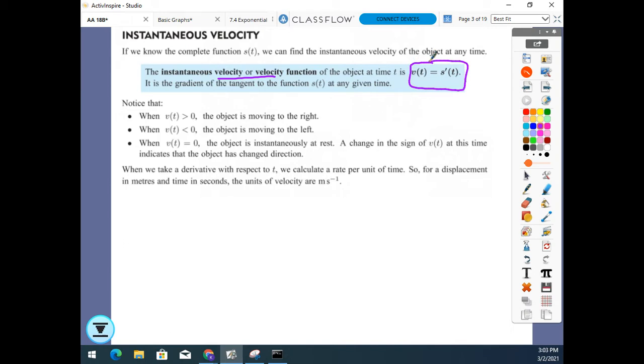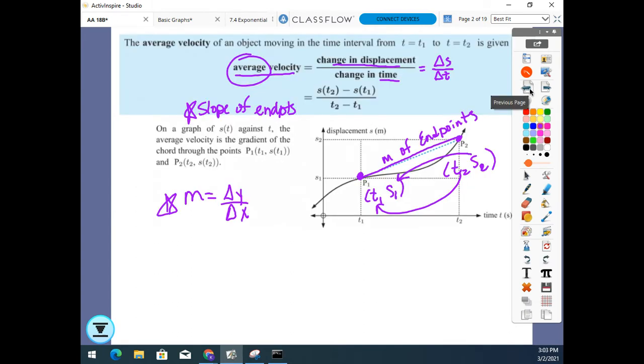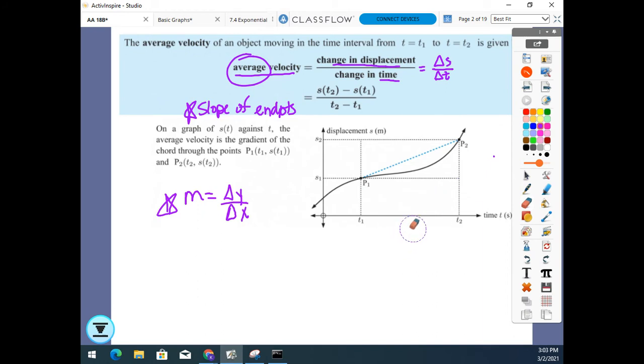So if I come back here, where your average speed is along here, your instantaneous velocity is at this exact moment. What's the slope, what's the gradient, of the tangent line?